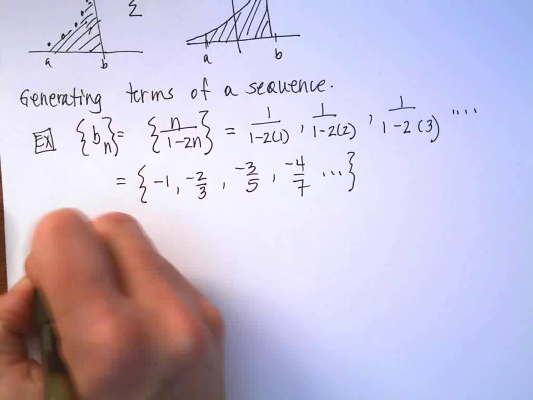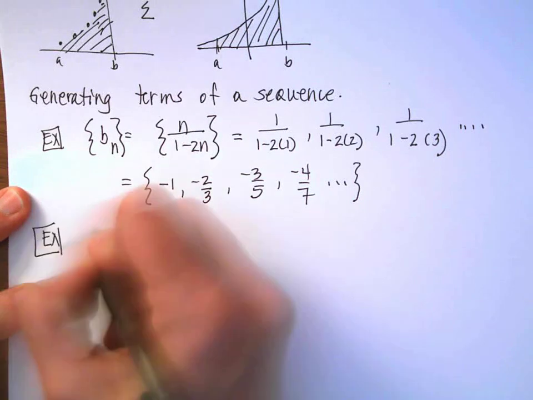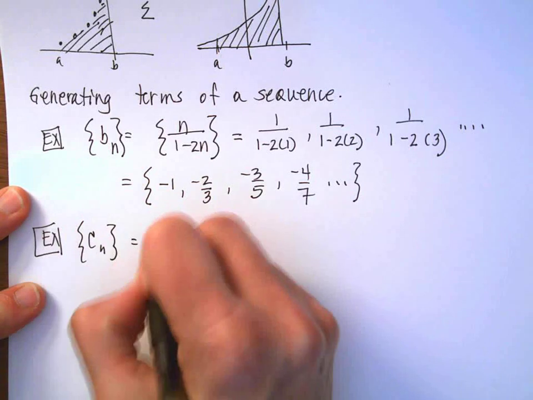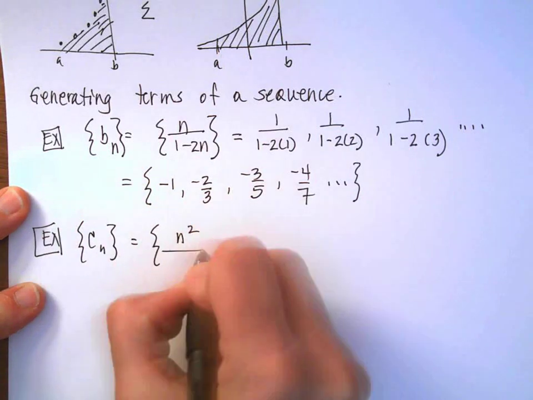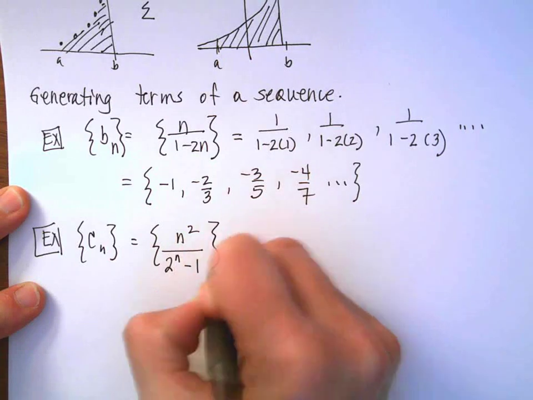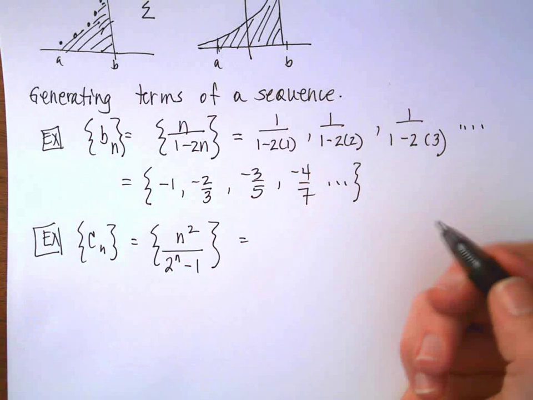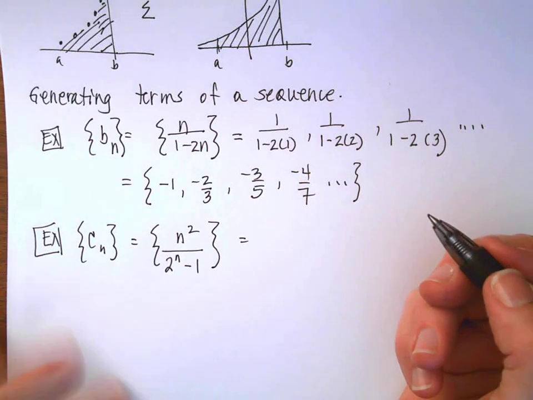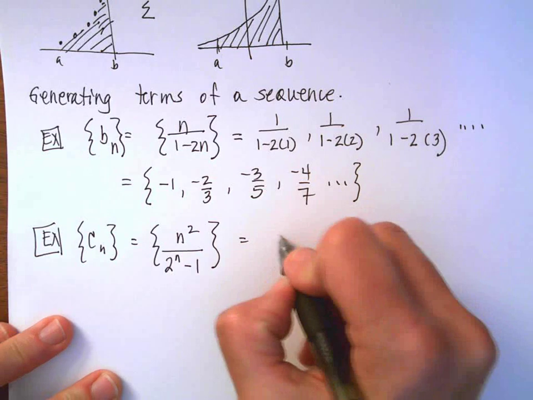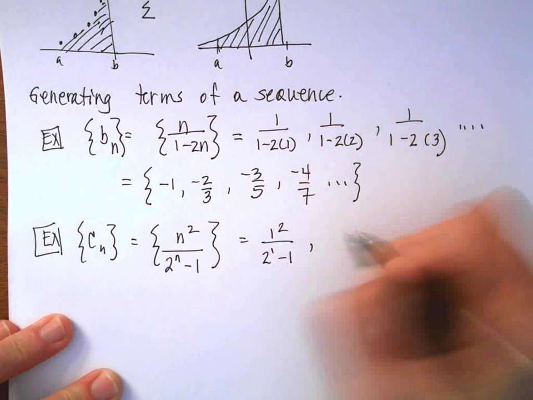Another example, if I can get my paper going straight, might be, let's say, c sub n, put in brackets, is equal to n squared over 2 to the n minus 1. So if I substitute my values in to generate that sequence, and yes, you could put these in your calculator and generate these terms, I would get 1 squared over 2 to the first minus 1.